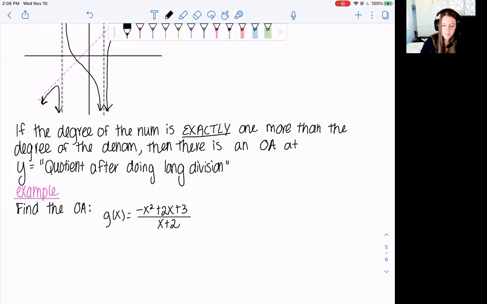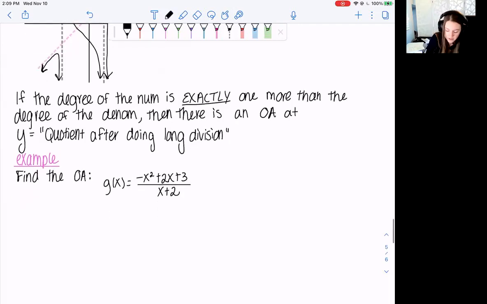All right. So find the oblique asymptote. We have g of x is equal to negative x squared plus 2x plus 3 all over x plus 2. We're going to do long division. You could do synthetic division in this case, but I'm just going to go ahead and do long division here.